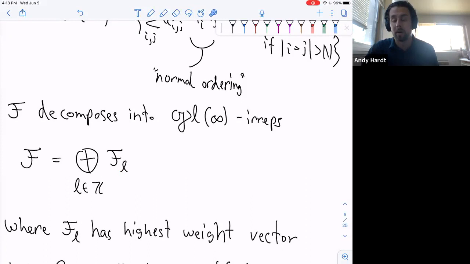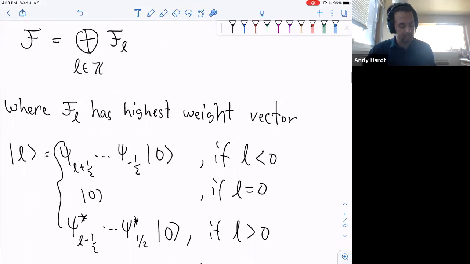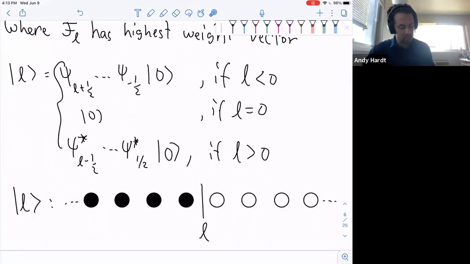The number of particles to the right of 0 minus the number of holes to the left of 0 is our L. And F_L has the highest weight vector, depending on whether it's positive or negative, but let's just say it's positive. You just create particles up until L. So if 0 is here, then L is 3, and so we create 3 particles in order to get up to L. And that's the highest weight vector for this particular Fock space.